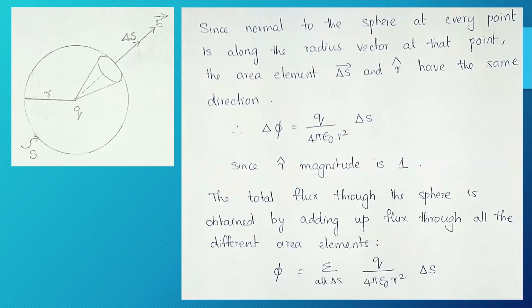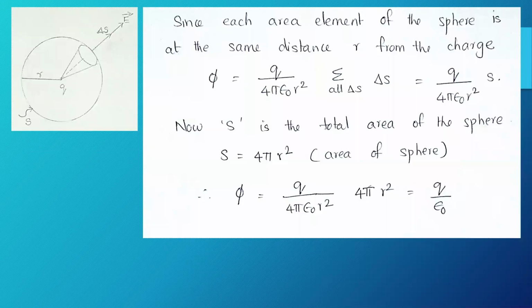Now, we have taken the total flux as adding up all the flux through all the different area elements. Phi is equal to sigma over all delta S of q by 4 pi epsilon naught r square into delta S. Now, we have every area element at the same distance.